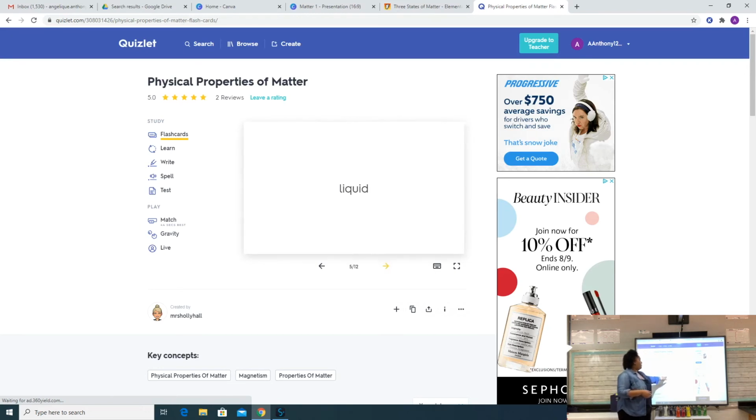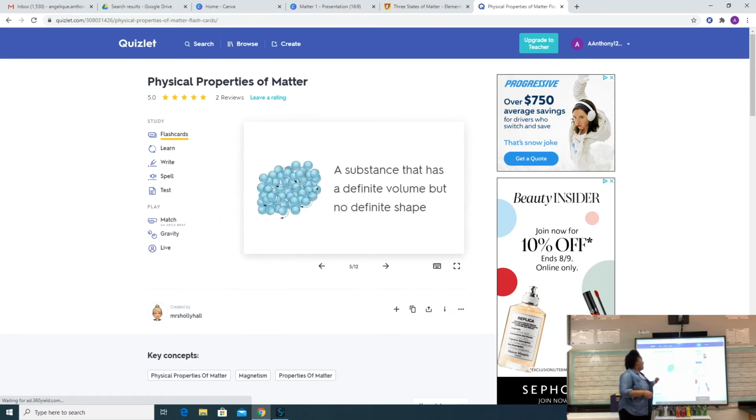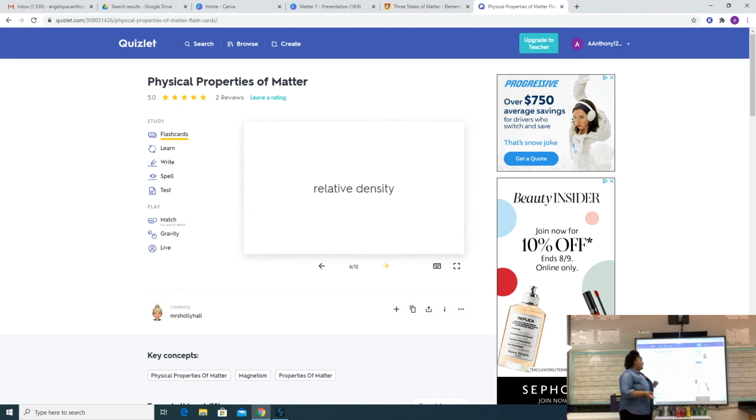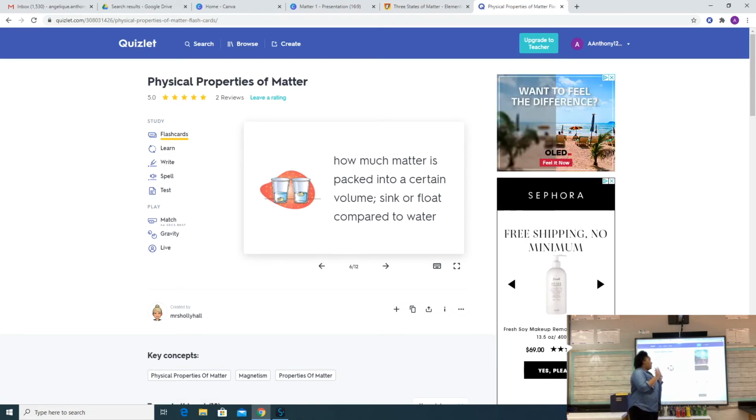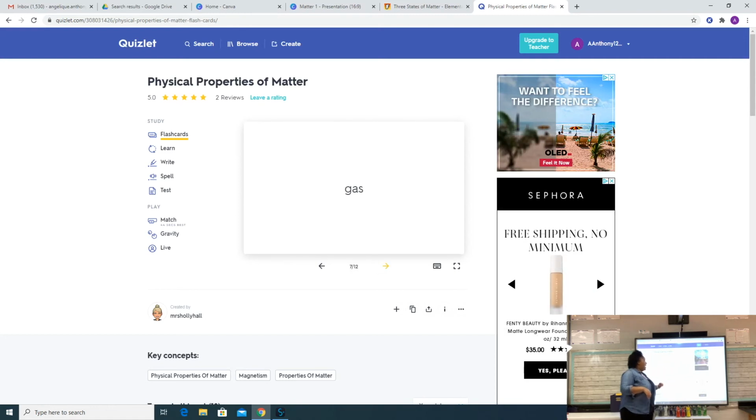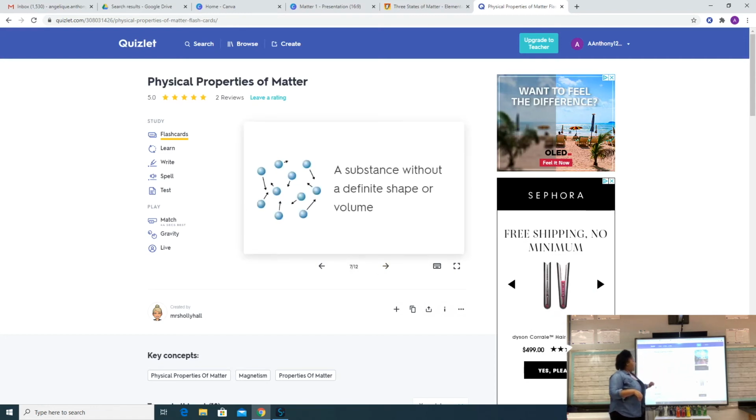A liquid, that is a substance that has a definite volume but no definite shape. Relative density, how much matter is packed into a certain volume. It'll sink or float compared to water, depending on how dense it is. A gas, a substance without a definite shape or definite volume.